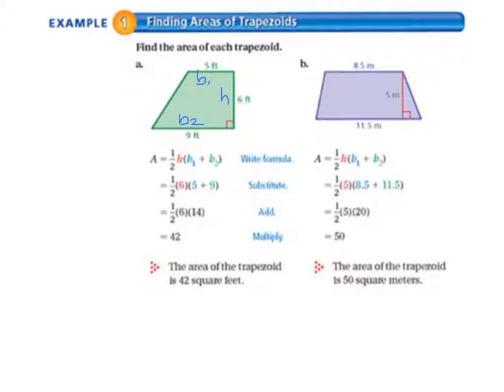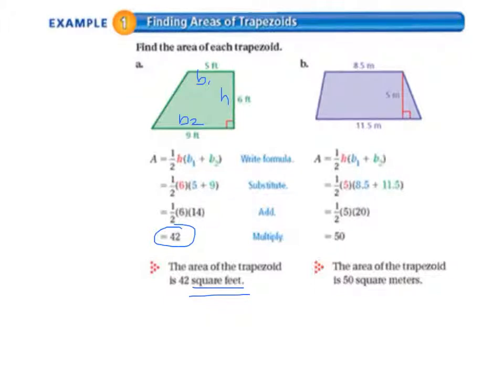Following order of operations, we do everything in the parentheses first. 5 plus 9 equals 14, so we added, and then we multiply next. 6 times 14 equals 84, and when we divide that by 2, we get 42. So the area of the trapezoid is 42 square feet. We have to remember to square those feet because we are still working with area.